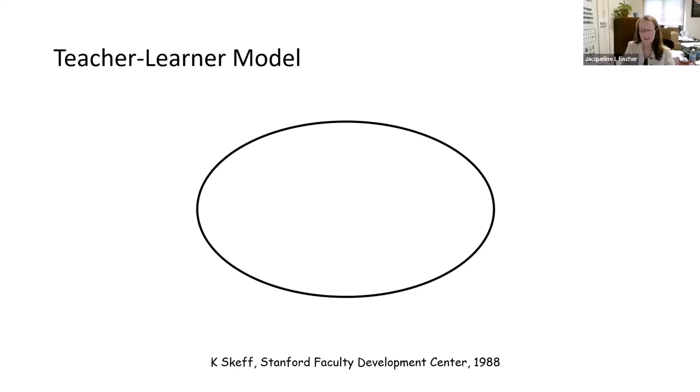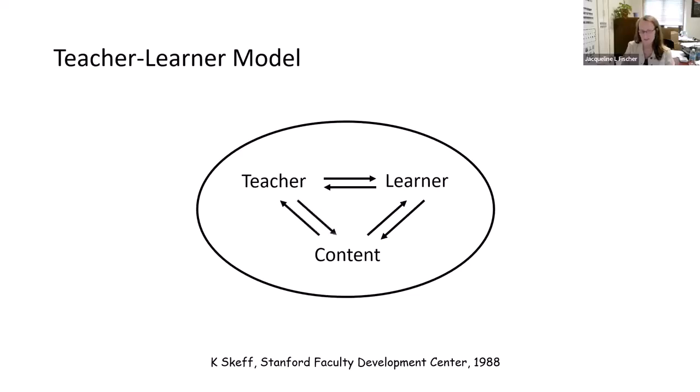Every single teaching episode involves a teacher, a learner, and content. And there's a bi-directional interaction between the teacher and the learner, between the learner and the content, as well as the teacher and the content. And all of this happens in a context, which in our type of teaching I feel is especially complex.